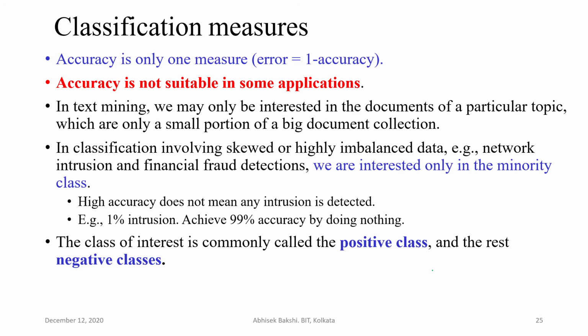But accuracy is not suitable for all applications. For example, in a special situation where we are interested only in the minority classes, suppose we are dealing with network intrusion or financial fraud detection. Naturally, there is a very small number of cases where this can happen.